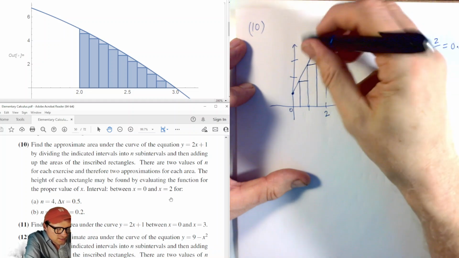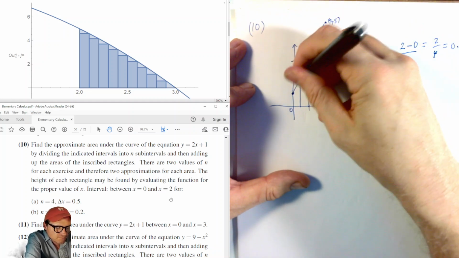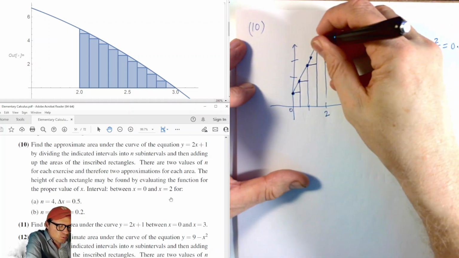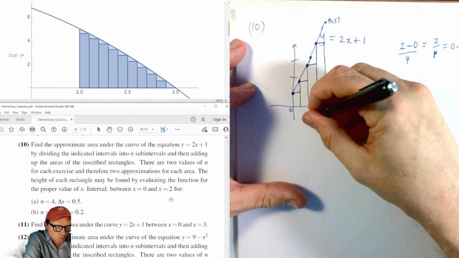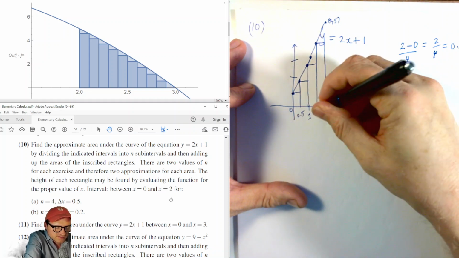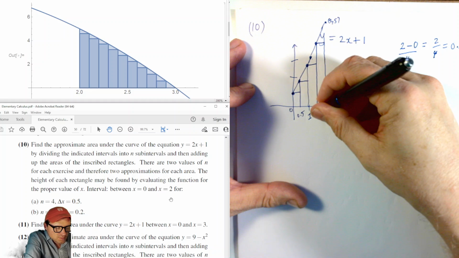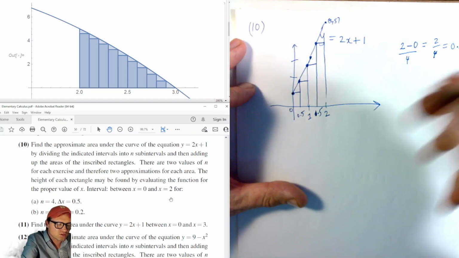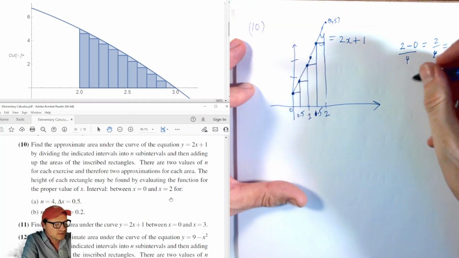So then what we need to know is, what are all these points here that meet the curve? All right, what are these points? Okay, so let's say 1 is here, 0.5 here, and then 1.5 here. So these are the x values, so we need to know the y values at those points.